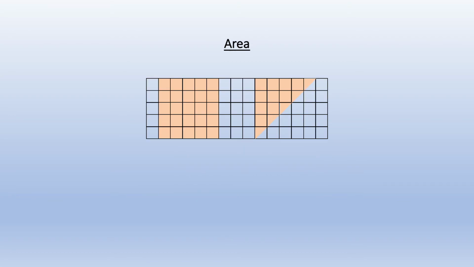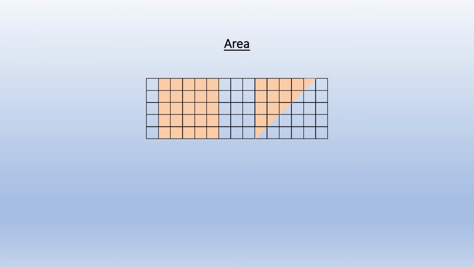Children can also use squares to count the area of right-angled triangles, and this is an important step as it teaches them the relationship between the area of a triangle and the area of a rectangle or square, and why the area of a triangle formula is half times base times height.